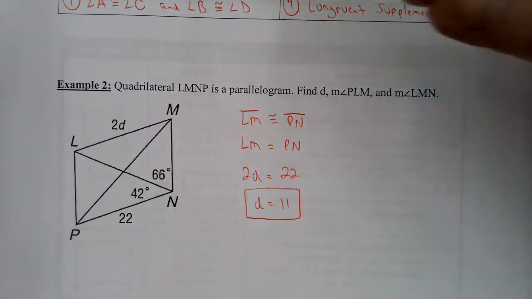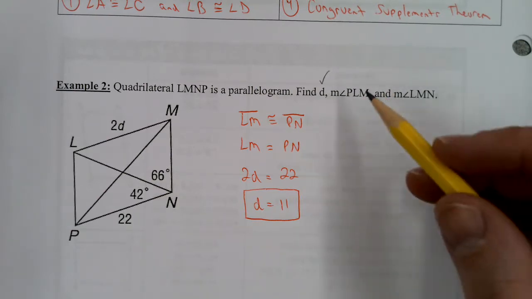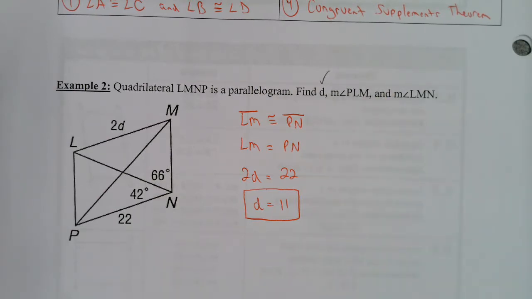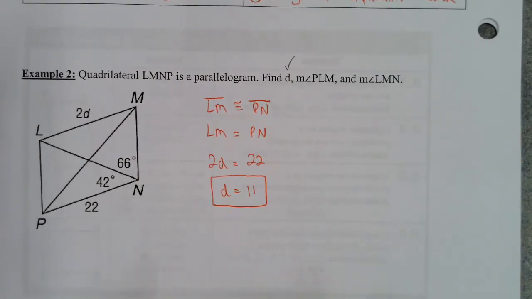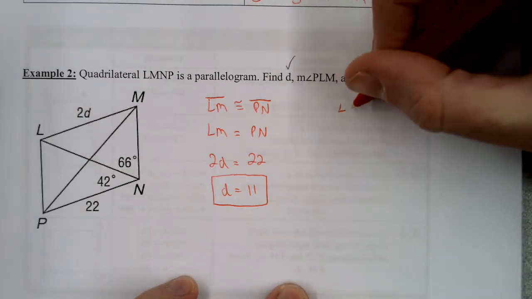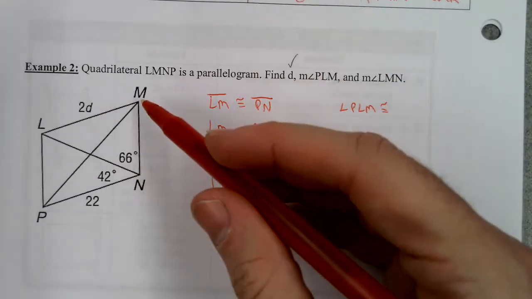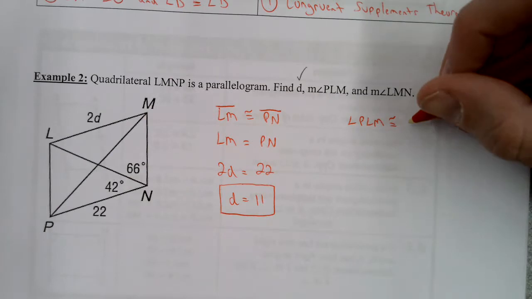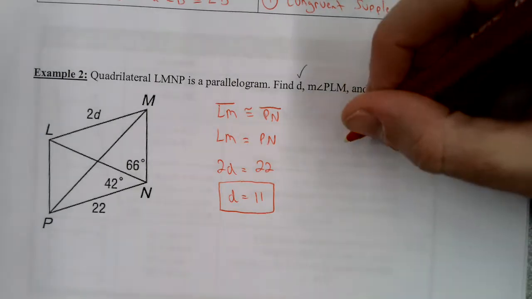Make sure you answer every part. That was find D. Now let's do the measure of angle PLM. Well, you should know that angle PLM is congruent to angle MNP because the opposite angles in a parallelogram are congruent. So it means that their measures are equal.